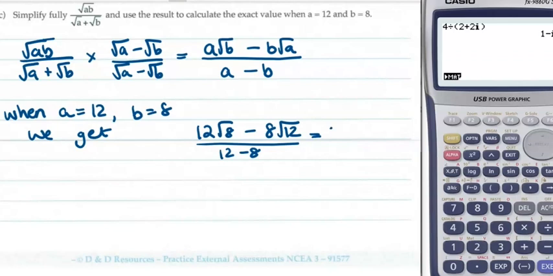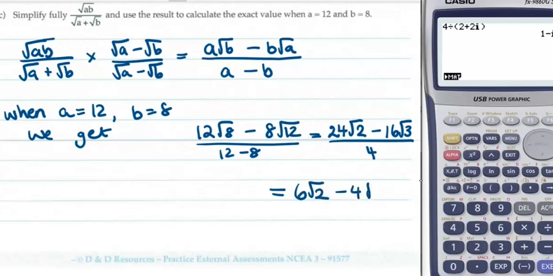So that's 12 times 2 would be 24 root 2. Minus, again with the 12 we can take the 4 out of that. And if we take it out with the square root, it will become a 2. So we have a 16. And if we divided the 12 by 4, we've got a 3 left. And 12 minus 8 is 4. So 24 divided by 4 is 6. And 16 divided by 4 is 4.